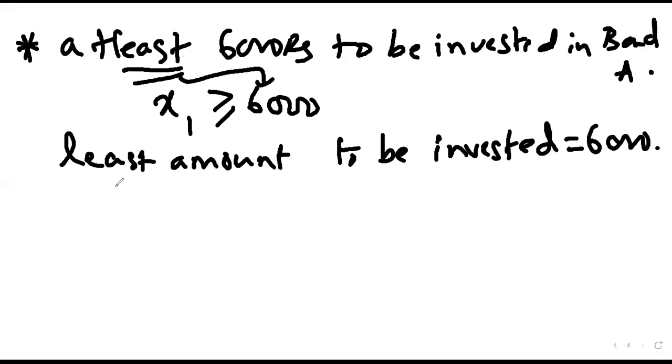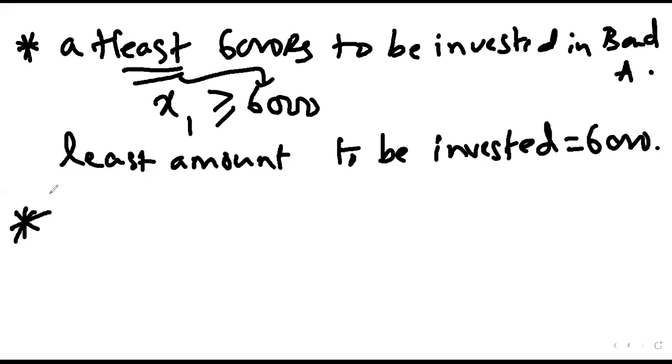Next, the next equation. He wants the amount invested in bond A to be at least equal to the amount invested in bond B. So X1 should be at least equal to the amount invested in bond B. Amount invested in bond A must be at least equal to the amount invested in bond B. How can you formulate the equation?